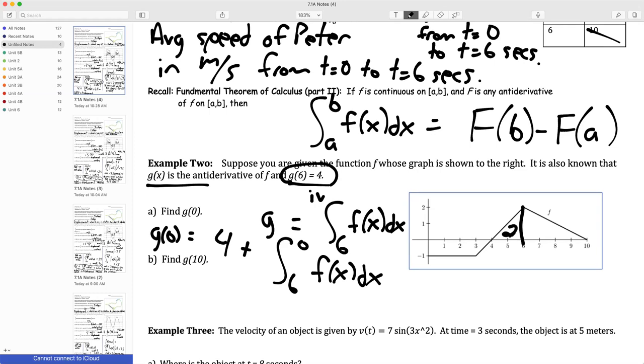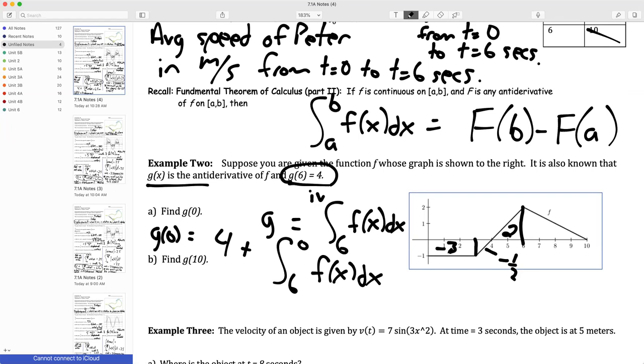So my area is 2. And then I've got another smaller triangle that has a base of 1 and a height of -1. It's below the x-axis, so this has a net area of -1/2. Here I have a rectangle that's below the x-axis, so the area is -3.